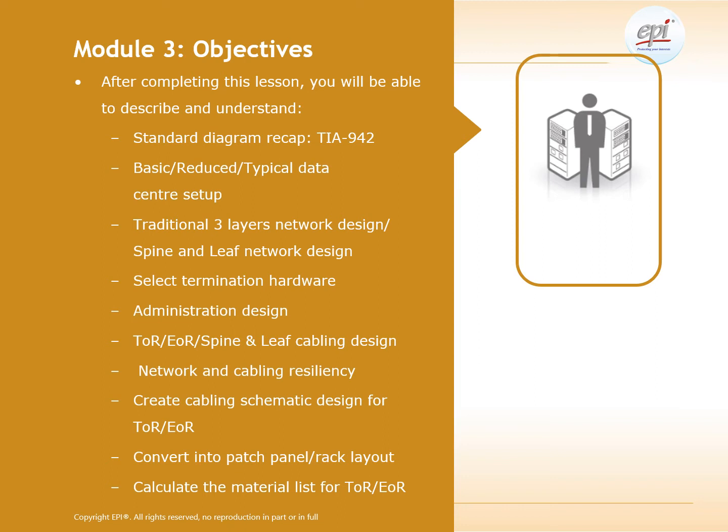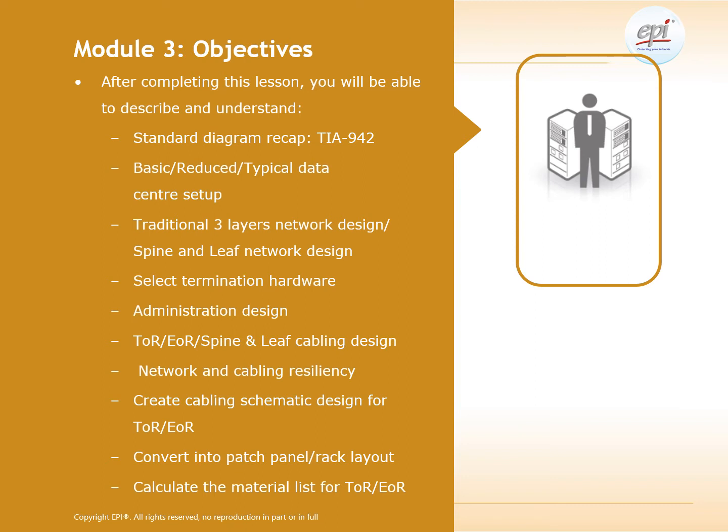So we'll understand what it is all about, like the setup of the data center, because inside the standard they talk about different configurations: basic, reduced, typical. And we will review the traditional 3-layer switch network design, and spine and leaf, because the cabling will attach to the network, right?